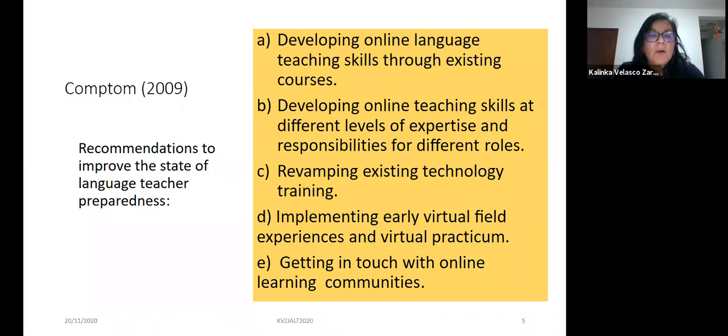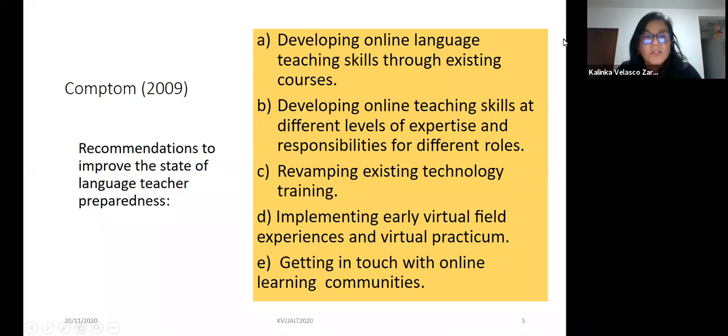Compton already made the following recommendations to improve the state of language teacher preparedness.